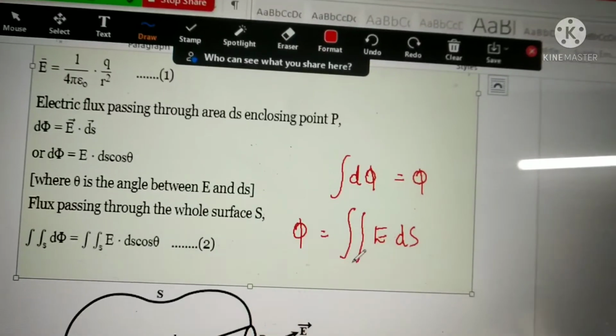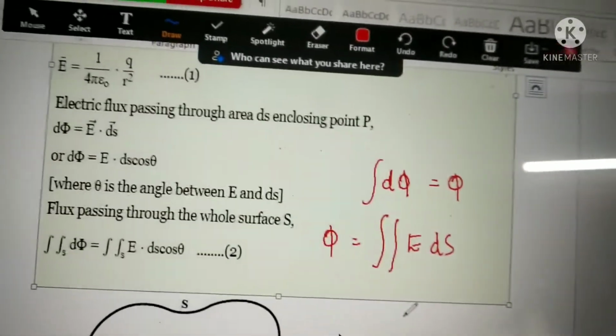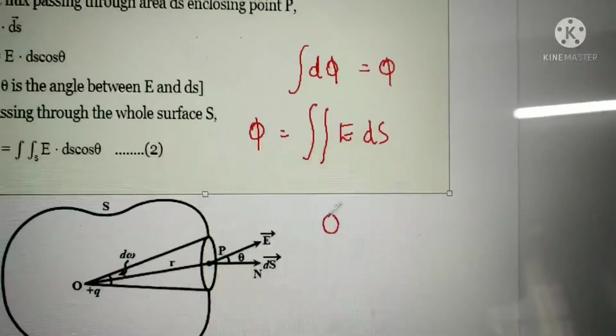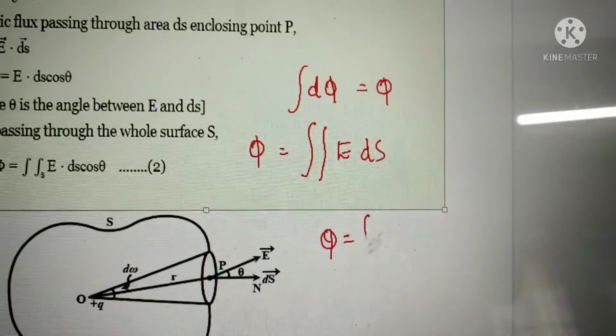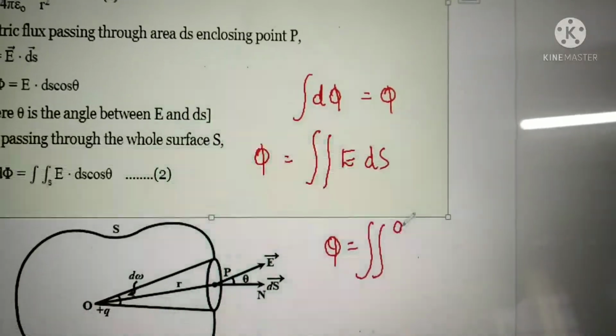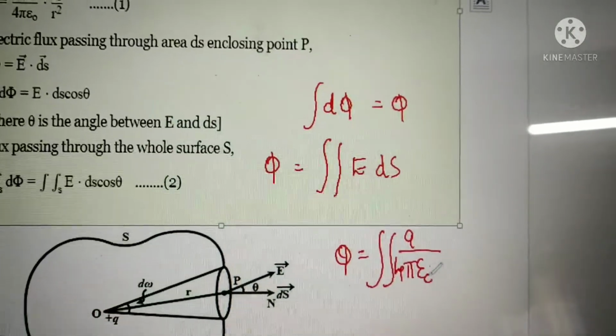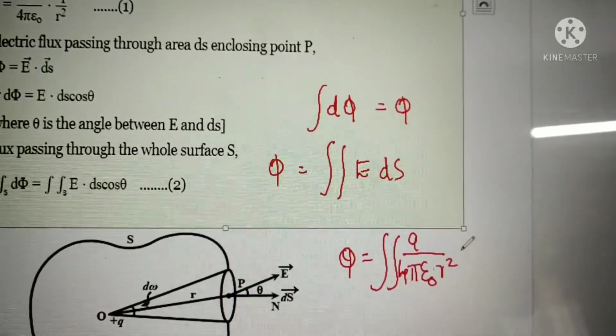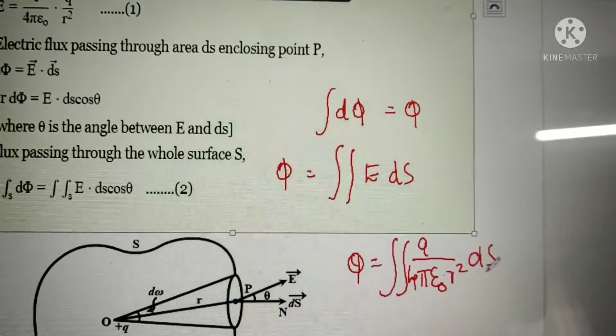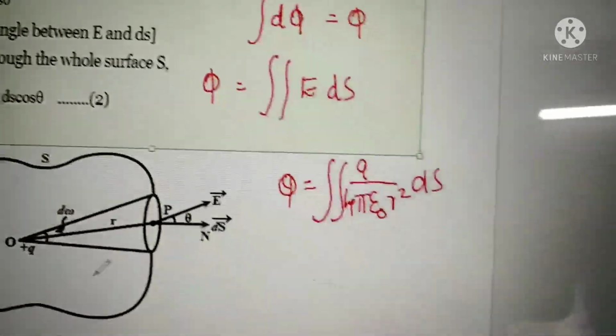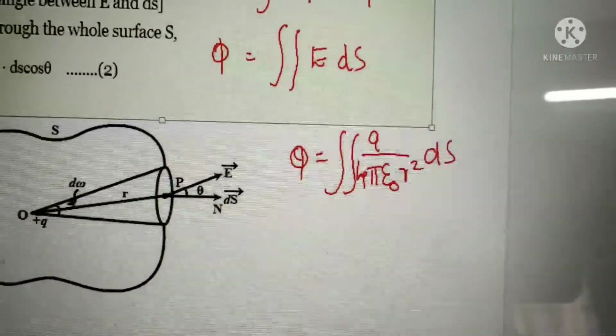In this case, we substitute the value of E, that is q by 4 pi epsilon naught r square. So phi is equal to the integral of q by 4 pi epsilon naught r square ds.